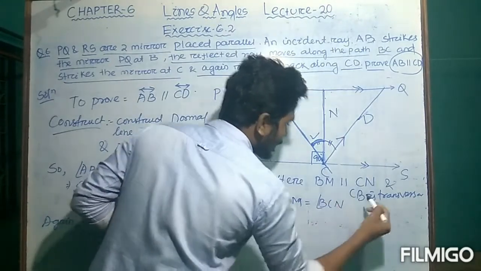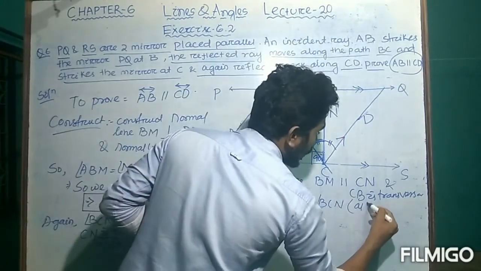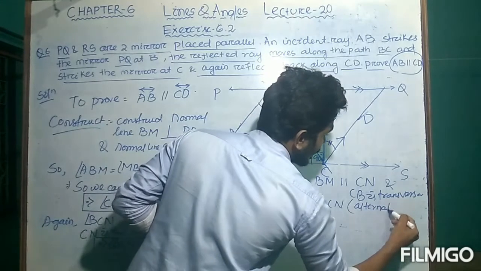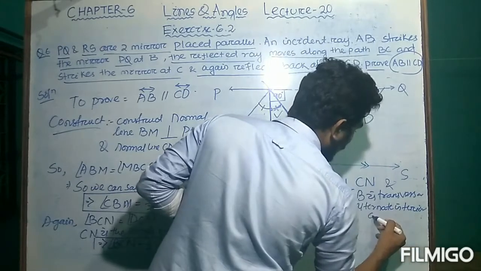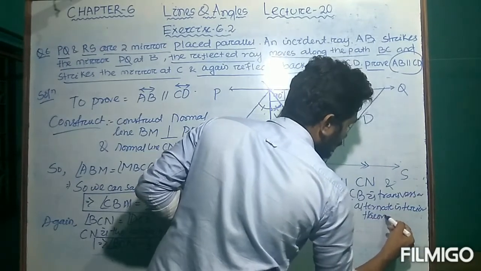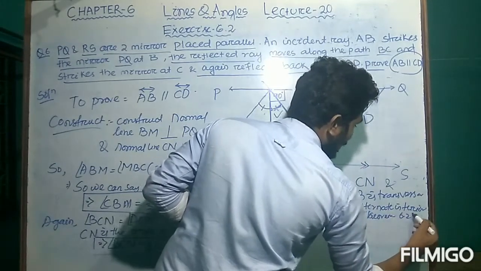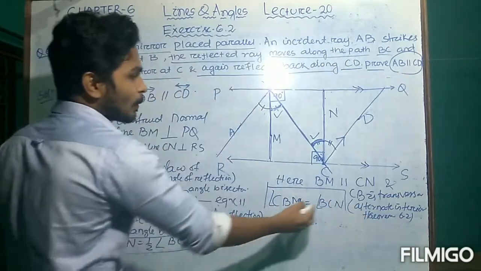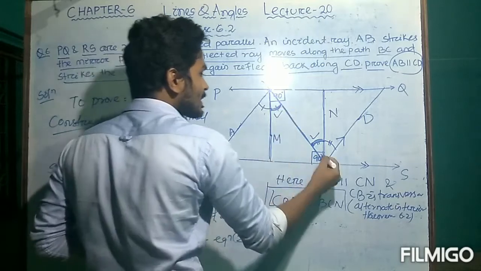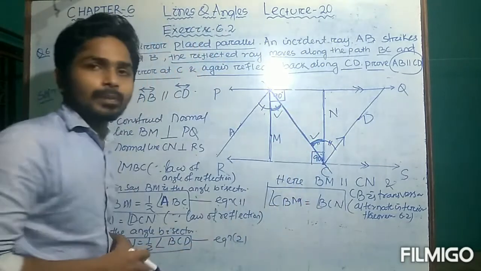What is the reason? The reason is that they are alternate interior angles, or due to theorem 6.2. So we find angle CBM is equal to angle BCN.